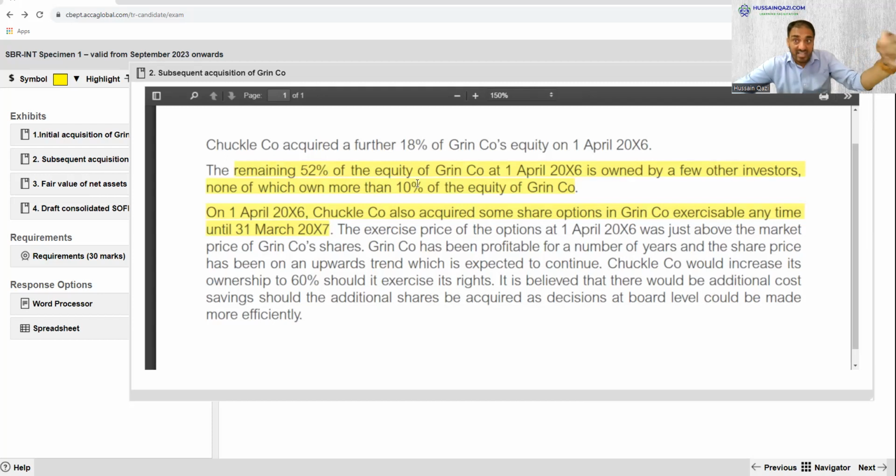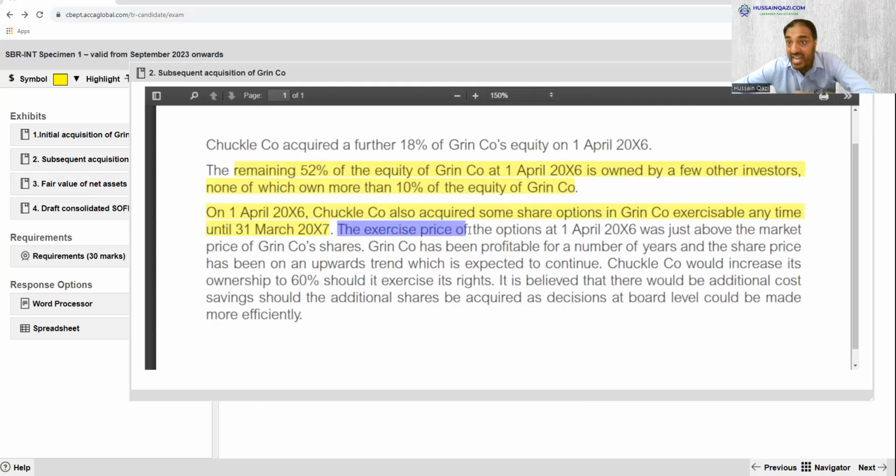But other factors need to be considered. That's called share options, and we need to consider them as well. About share options, IFRS 10 also provides guidance.